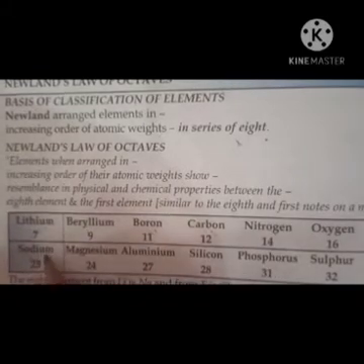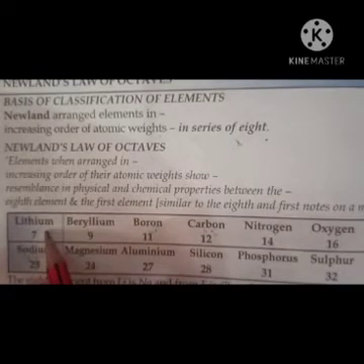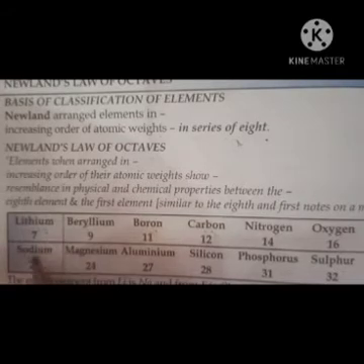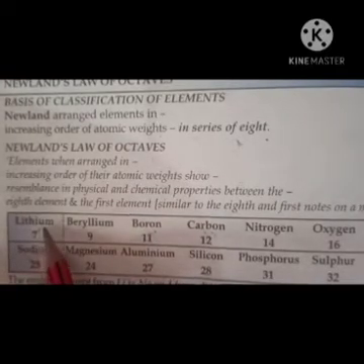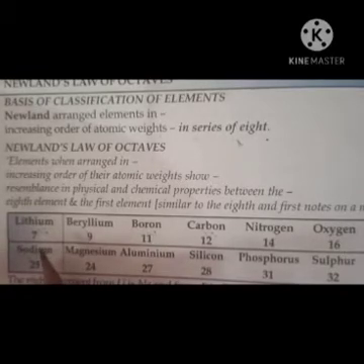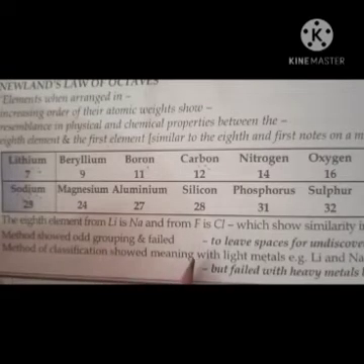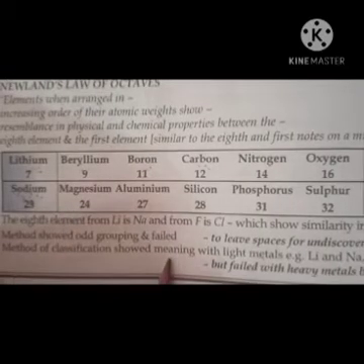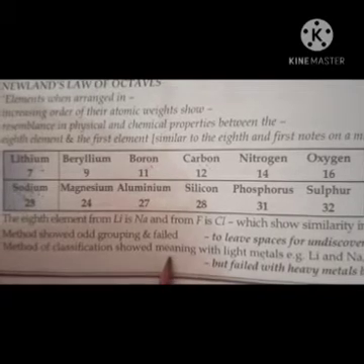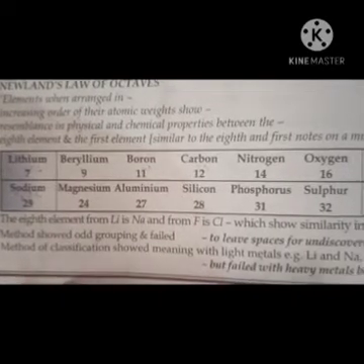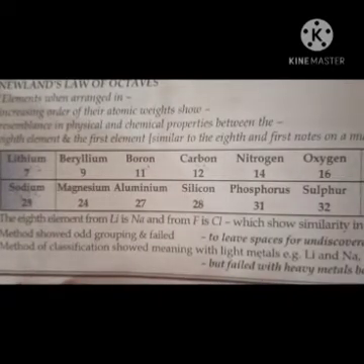It means the properties of sodium are similar to the properties of lithium, that is, repetition of properties occurs with the first and the 8th element, right? And that's why he gave his law the name, law of octaves. But this method was also discarded because it is not meaningful for the heavy metals, right?